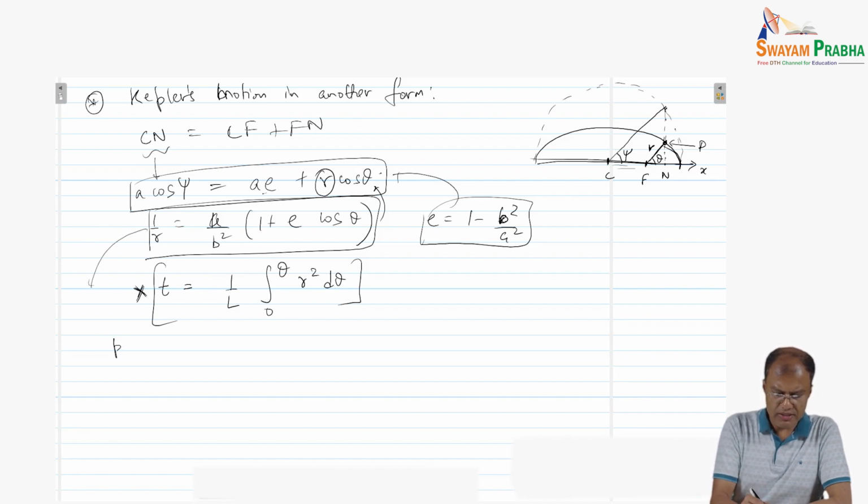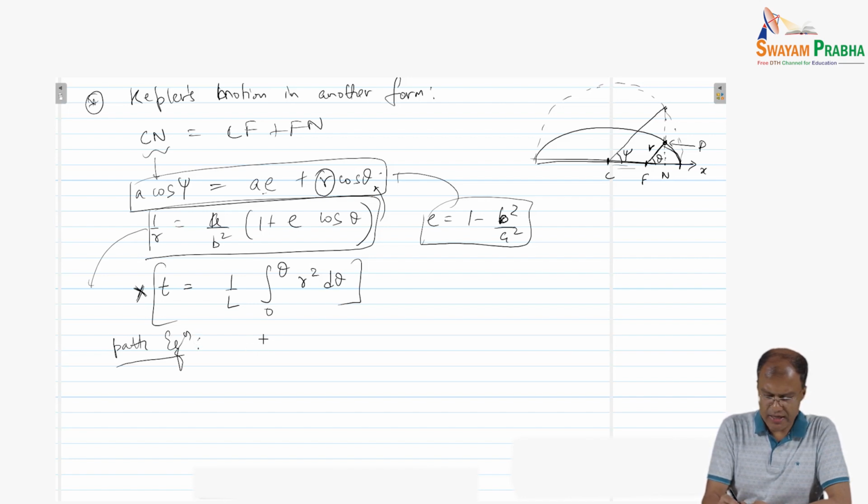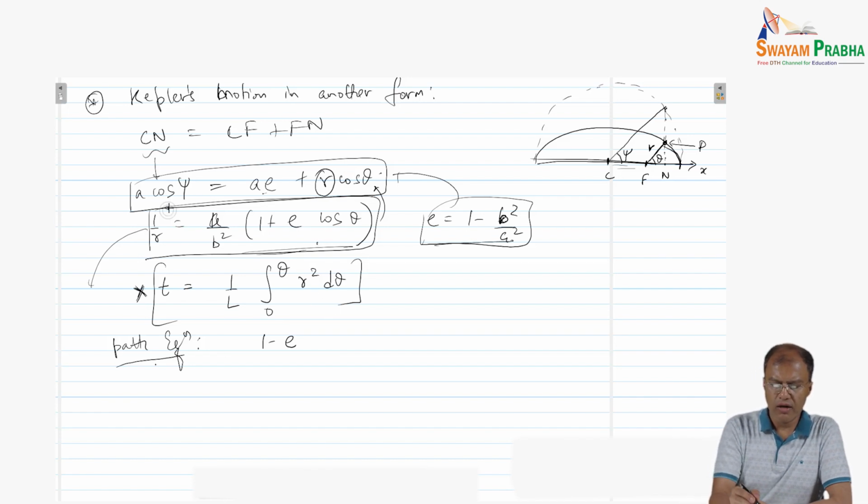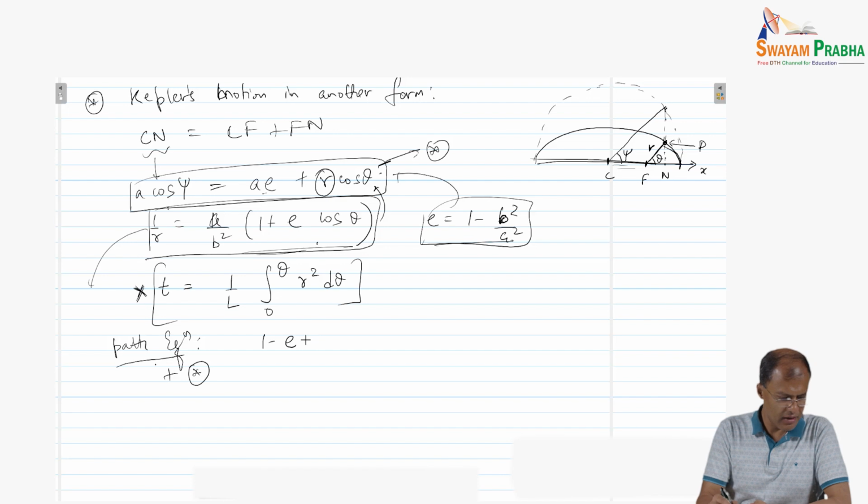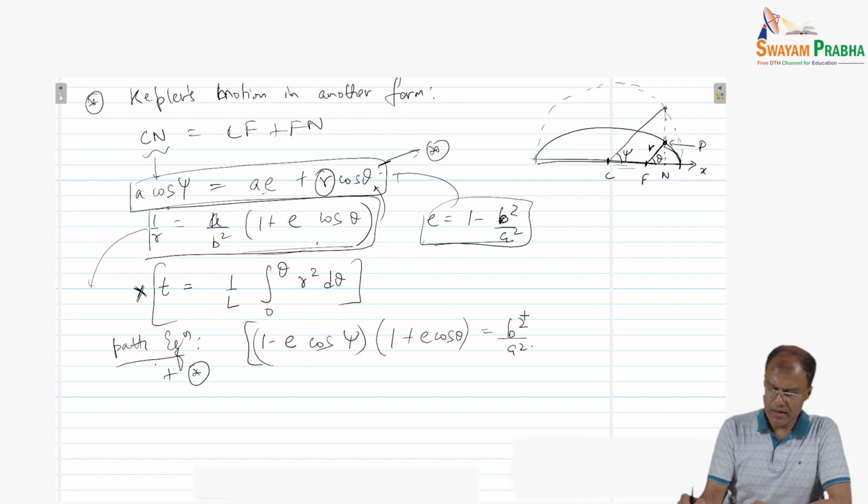So we use the path equation, and after using the path equation and all these equations of the ellipse as well as the eccentricity and plugging it into this, let me call this star. So path equation plus star, we find that our new equation is (1 minus e cos psi) times (1 plus e cos theta) is b square by a square, right? So let me call this double star.